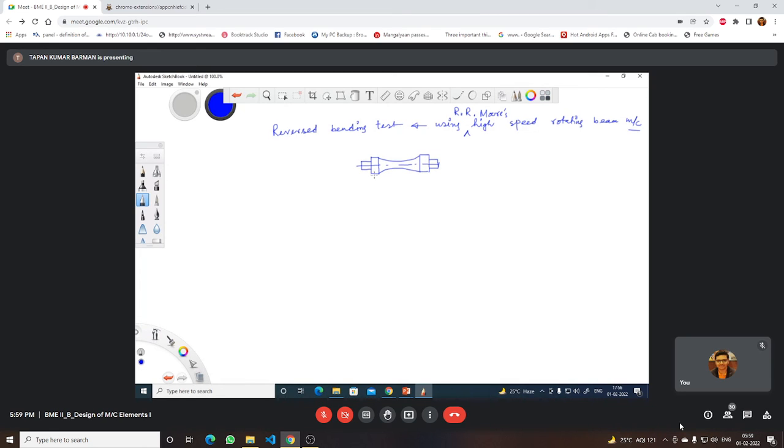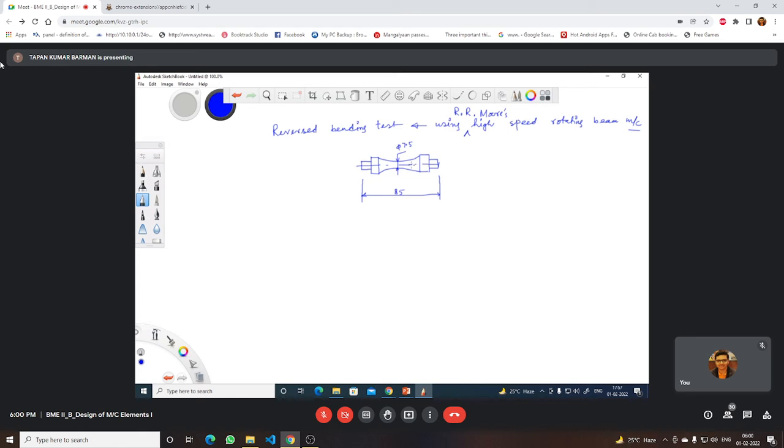Now, the total dimension of this, you may understand that we should use a different layer for this dimensioning, and this value is 7.5 millimeter.